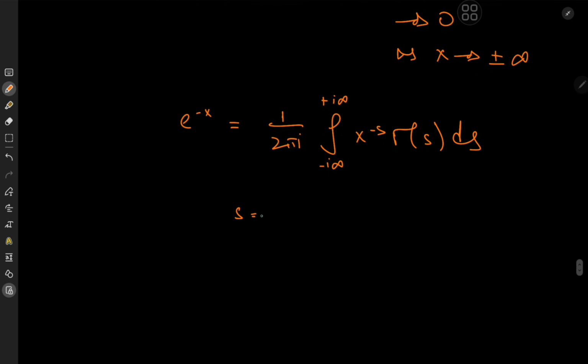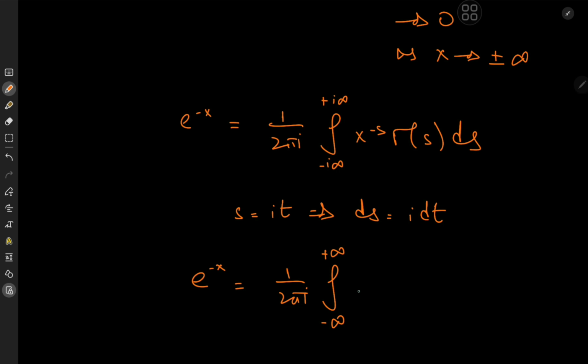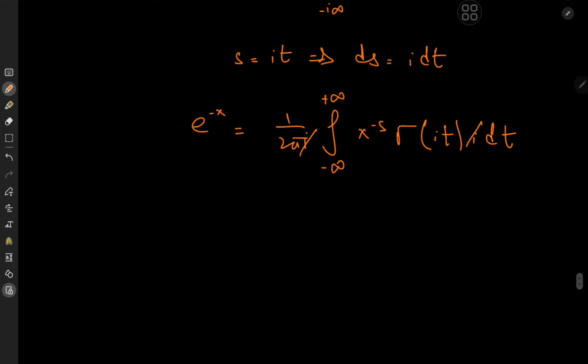And of course we have s here equal to i times t, which implies that ds equals i dt. So e to the minus x equals 1 over 2 pi i times the integral from negative to positive infinity of x to the minus s, I'm going to leave it like that for now, and we have gamma of i times t, i times dt. The reason I didn't bother to expand the s upstairs in the exponent of x is because we're going to cancel it by letting x equal to 1 anyway.